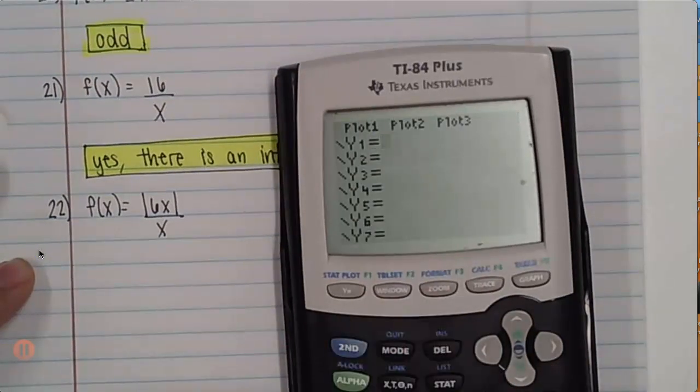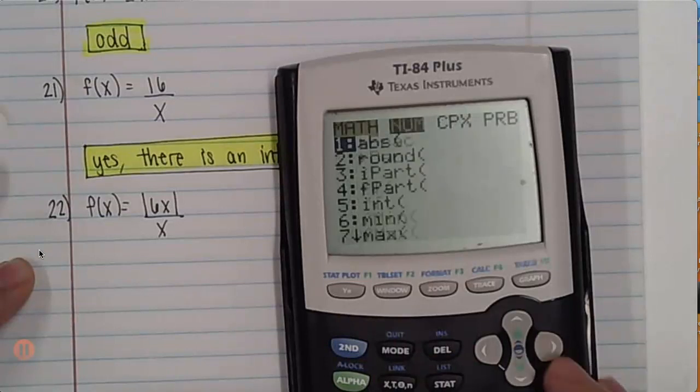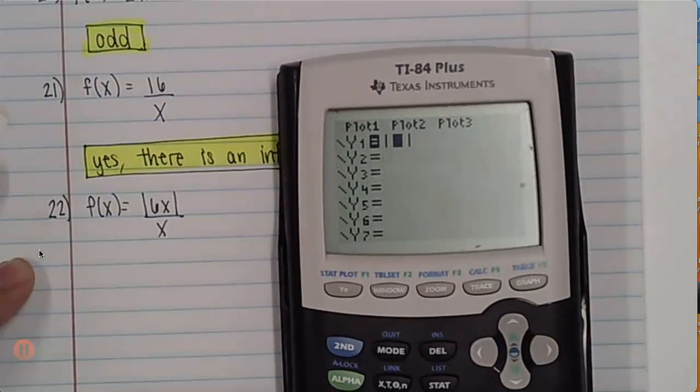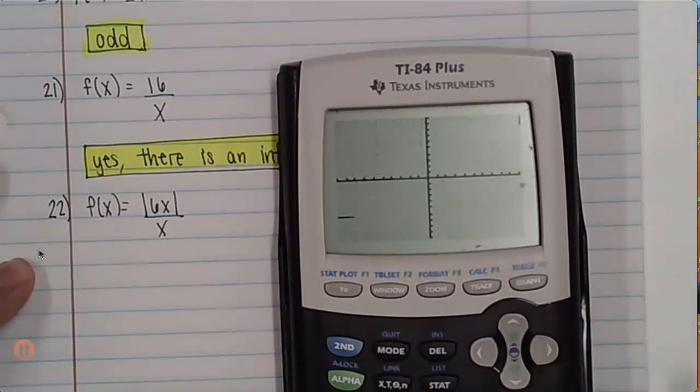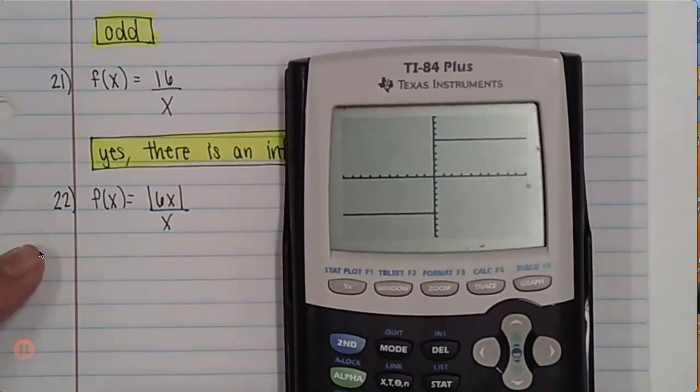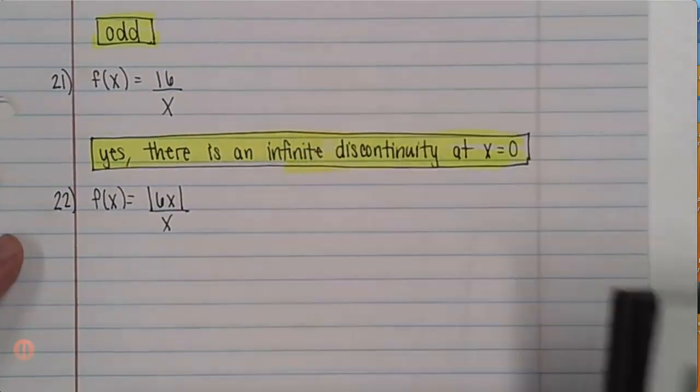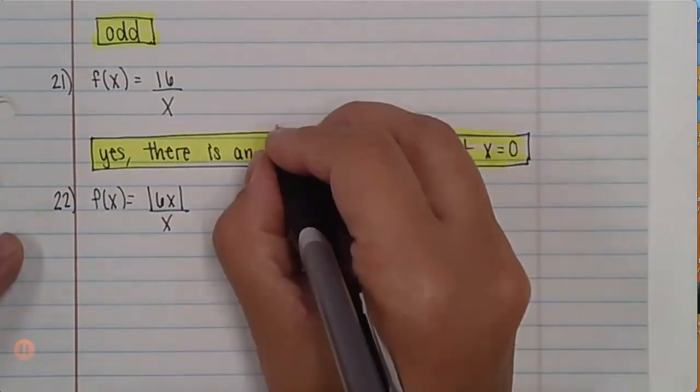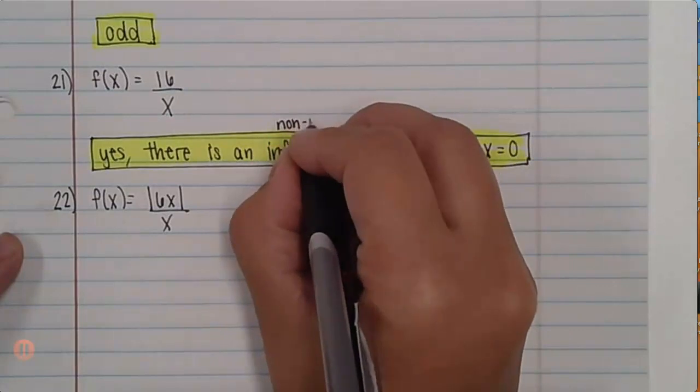This appears to be a jump discontinuity, which is also non-removable. I should put that here just so that there's no confusion. Non-removable.